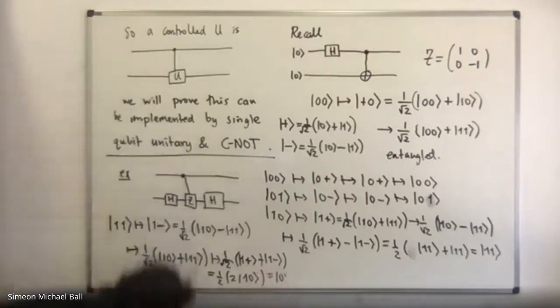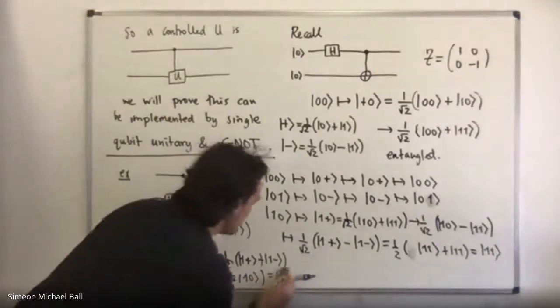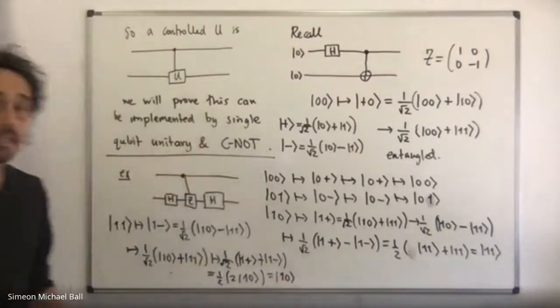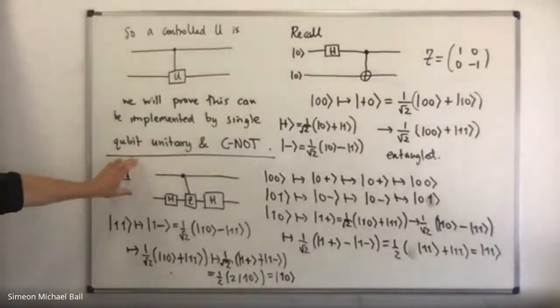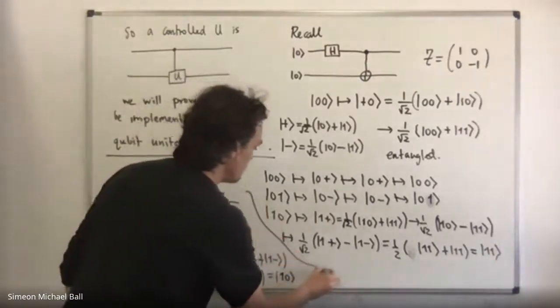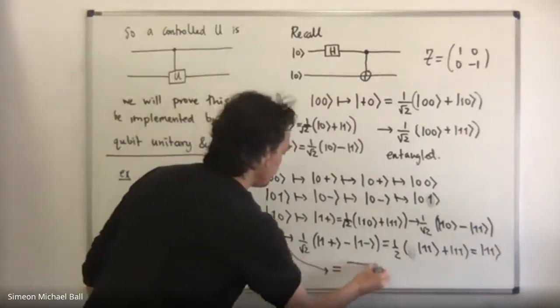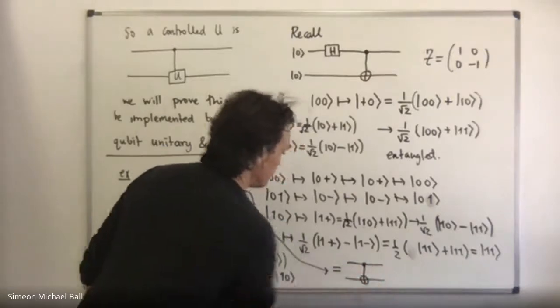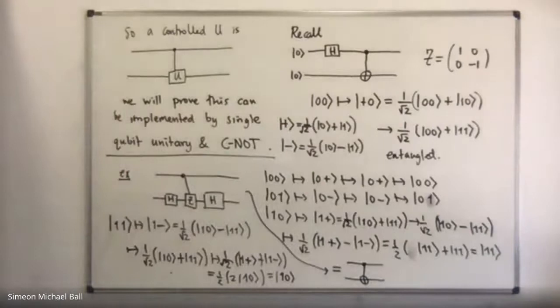Okay, so after all of that, what I've managed to ascertain is that this circuit is exactly the C0. So this is equal to this.